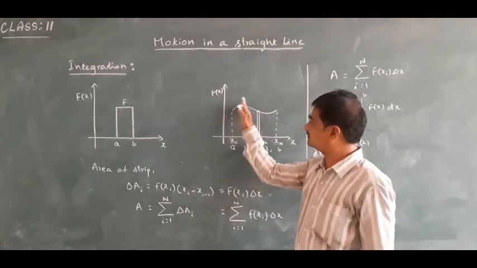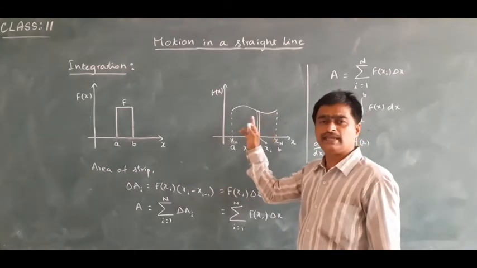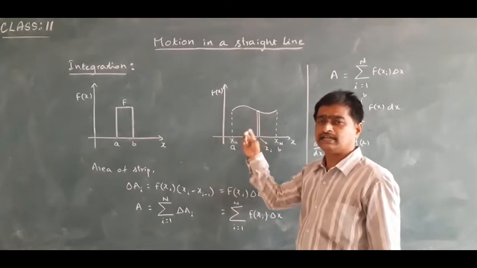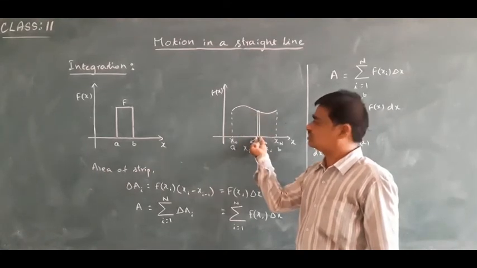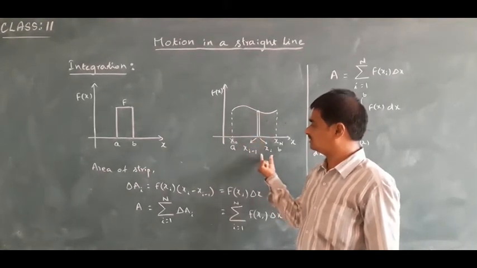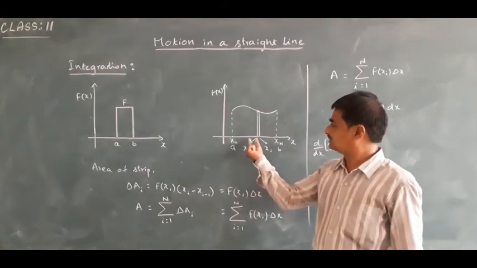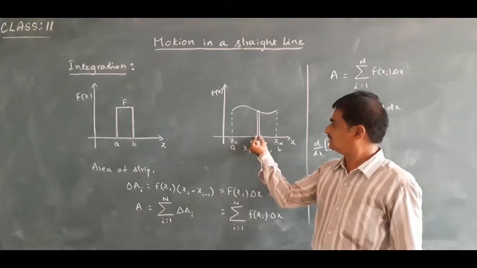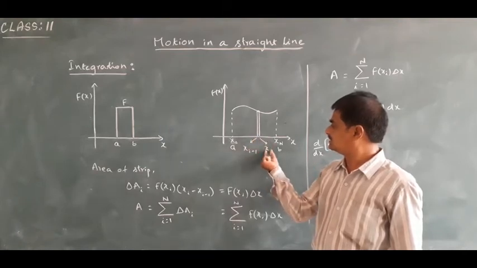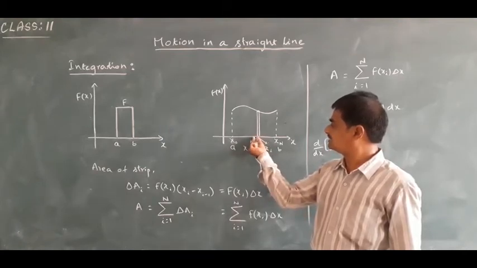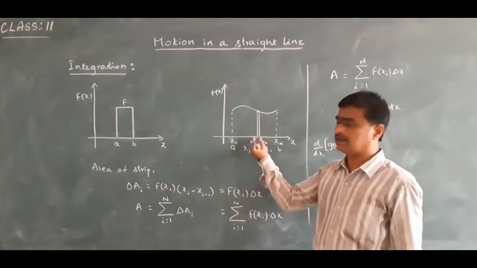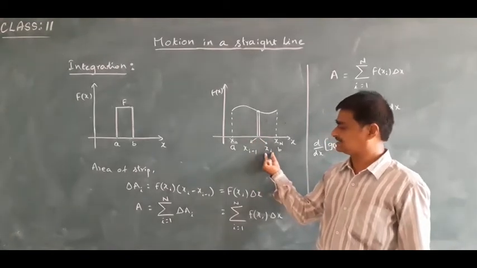We are dividing this into so many small parts that each part has a constant value. That is the concept. Then we call this x i minus 1, and this is x i. The strip between x i minus 1 and x i is what we are considering.